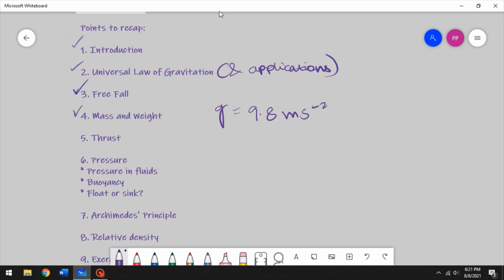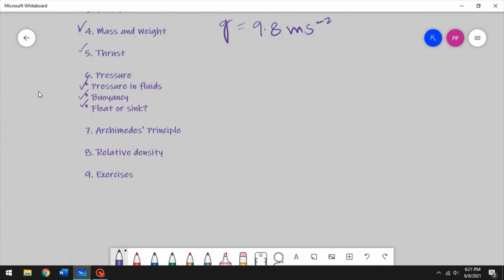Then we talked about thrust and pressure, and in pressure we talked about pressure in fluids, buoyancy, and how we determine whether an object is going to float or sink. And then we learned about Archimedes' principle. We learned about relative density and how relative density has no units. And then I scrolled through the exercises pages, and that is how we end this chapter.